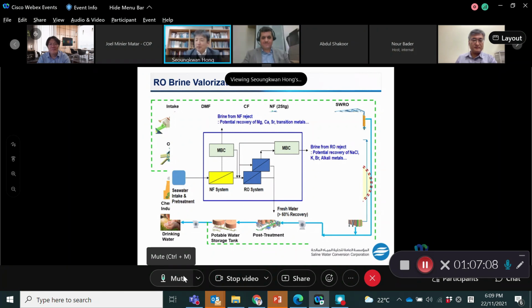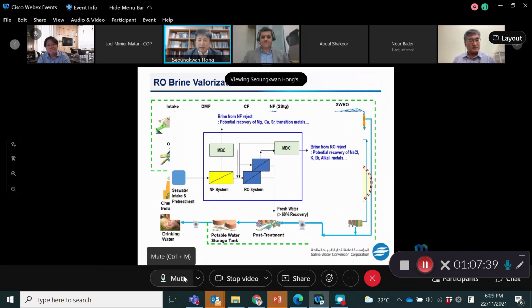I don't know whether or not this can be commercialized quickly enough to make significant impact on our SWRO practice in the next 10 years. This diagram is taken from my experience with SWCC, DTRI, as I mentioned in my presentations. They are developing technology that can add value to our brine.